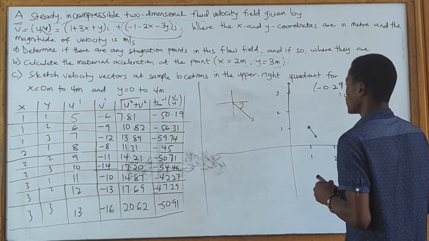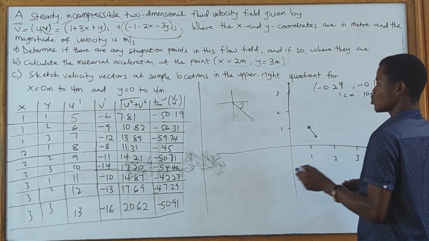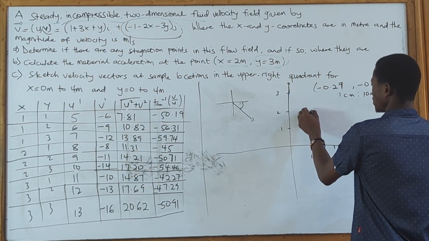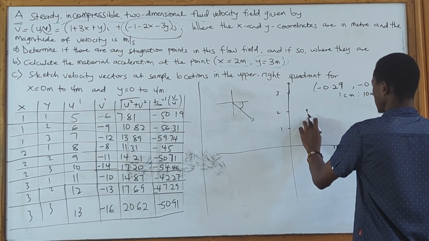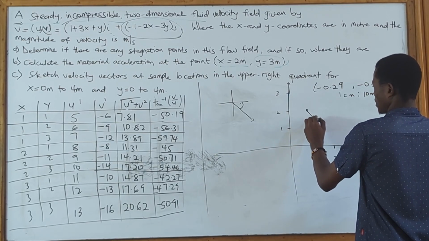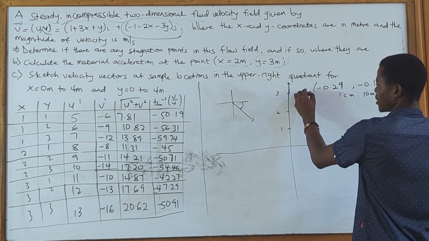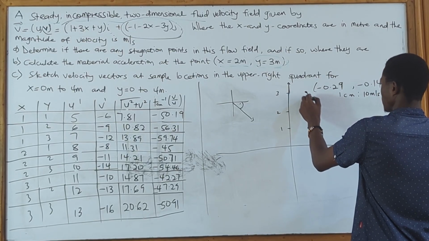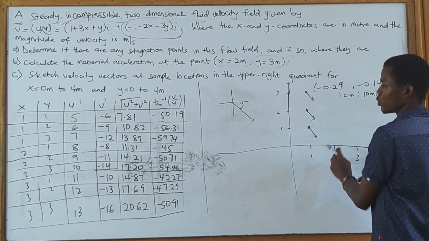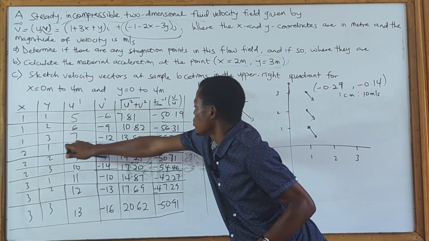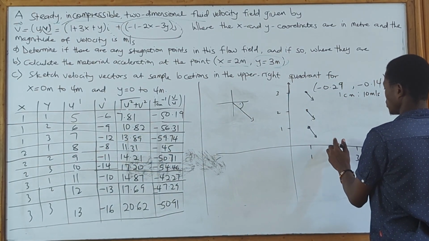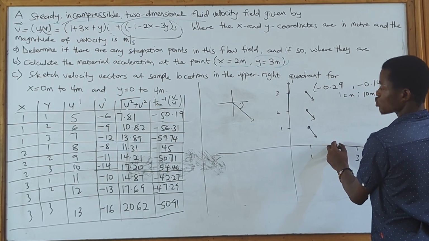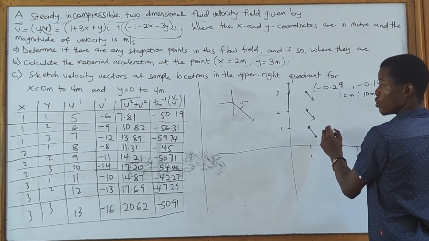Then the next one, we have 1, 2. For 1, 2, the same thing, a little bit. Then 1, 3, the same thing. Then we move on to the next point, that's 2, 1.